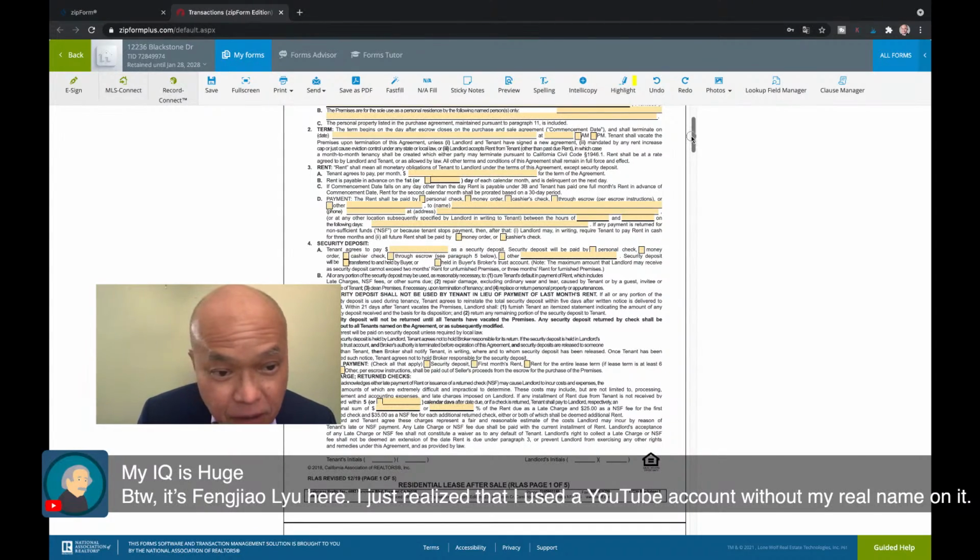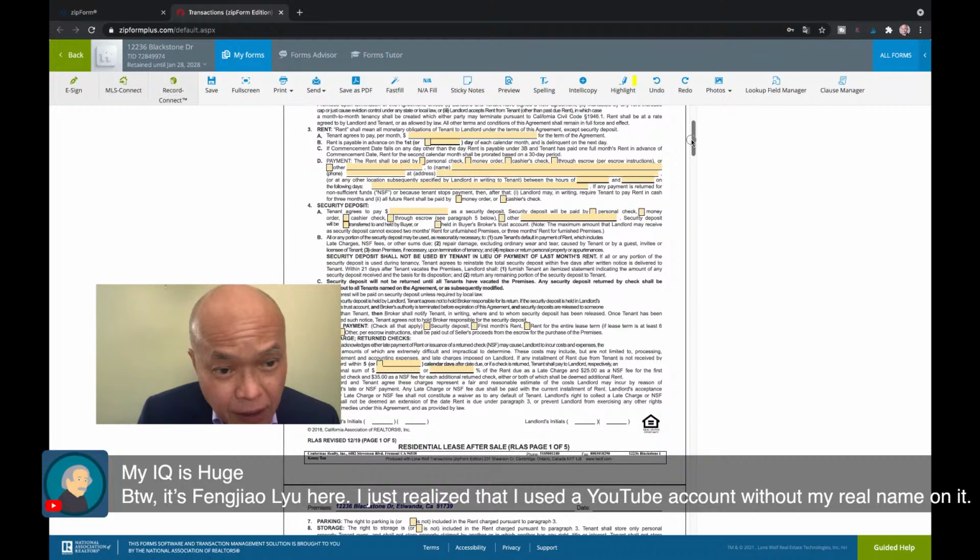Okay, all right. And then it says here, if commencement date falls on a day other than the day rent is payable under 3B and tenant has paid 1 full month's rent in advance of commencement date, the rent for the second calendar month shall be prorated based on a 30-day period.